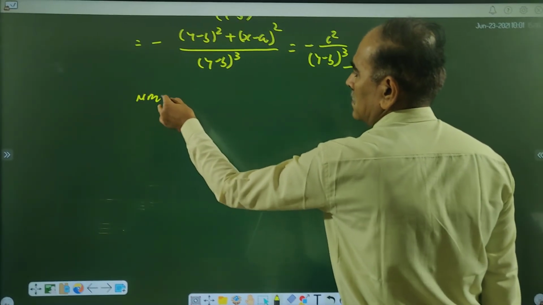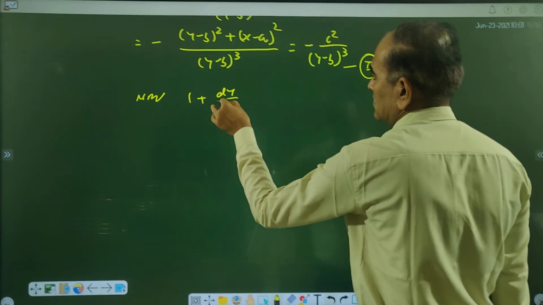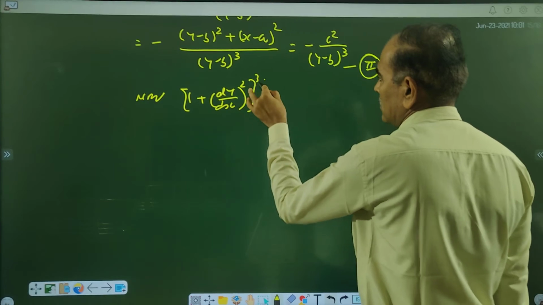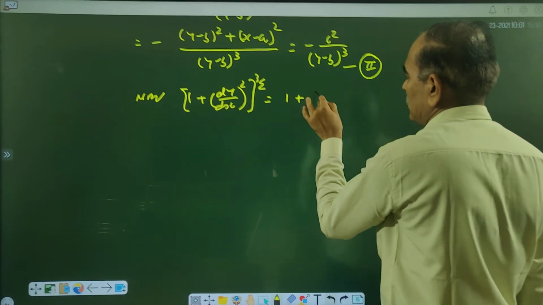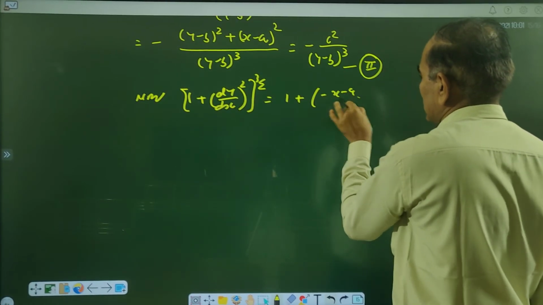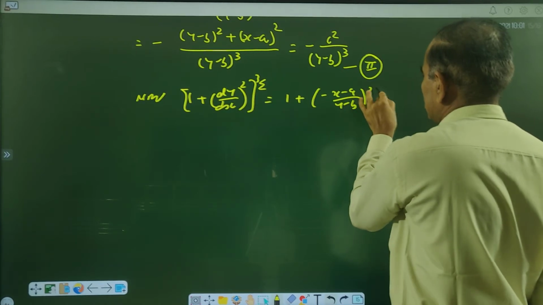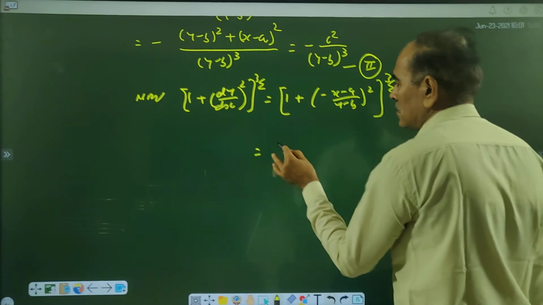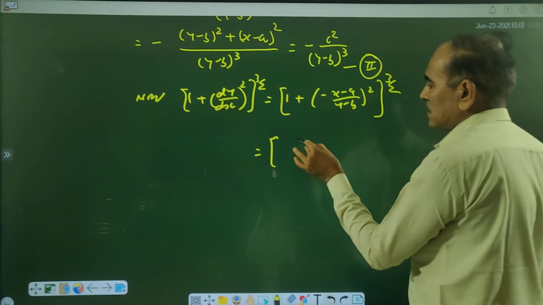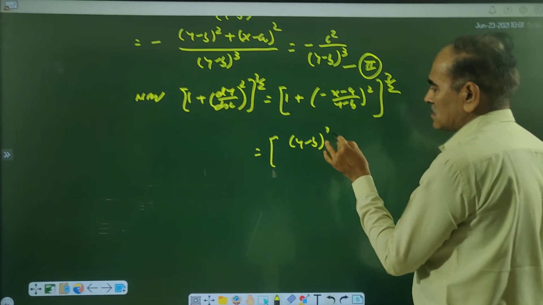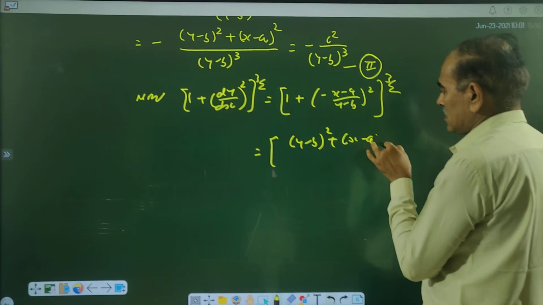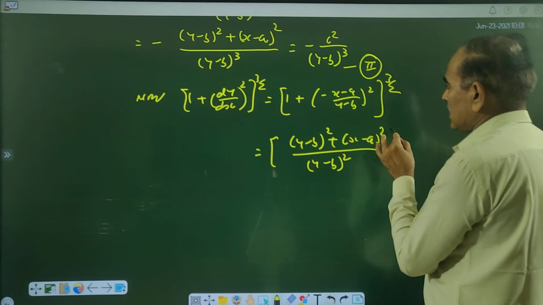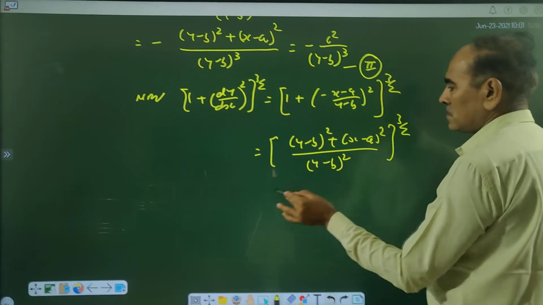Now, 1 plus dy by dx whole square raised to 3 by 2. That is 1 plus minus of x minus a over y minus b whole square raised to 3 by 2. So here, the whole square is that, y minus b square plus x minus a whole square over y minus b whole square raised to 3 by 2.